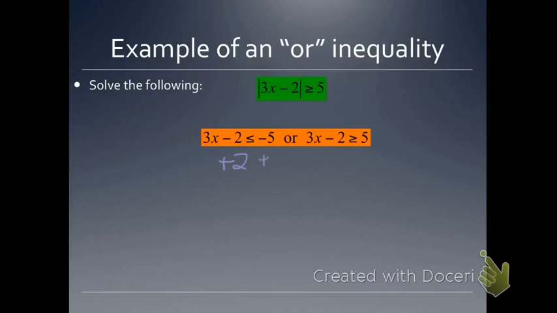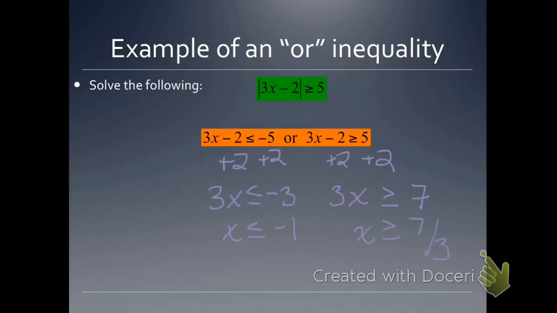Add 2, solving all of this simultaneously. So like we found before, somewhere between 2 and 3, and exactly at negative 1.